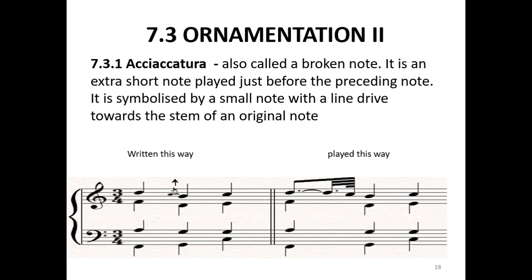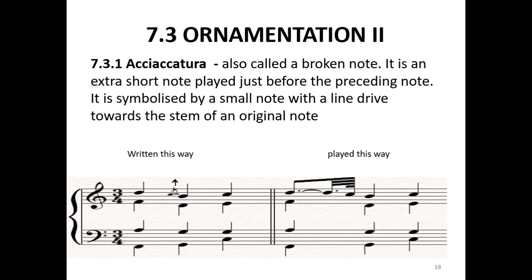Now we come to another part of the ornamentation. There we talk of the appoggiatura. It's also called a broken note, and you can see it written. If you look at the music score here, at the middle note, you will see a small short note written in between the first and the second note, and that is a broken note.